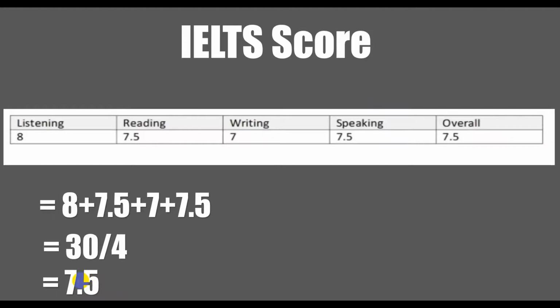If you achieve 7.73, then they give you a band score of 8.